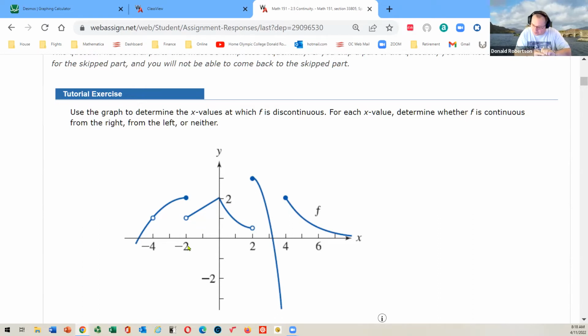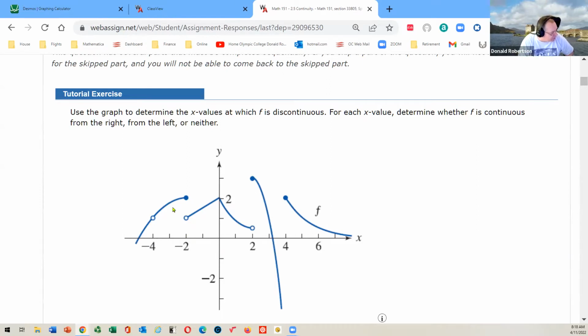So there's removable, there's a jump, and there's an infinite discontinuity. Those are the three most likely ones you're going to come across. Removable, which is x equals -4 as an example. A jump discontinuity, that makes sense, doesn't it? A little jump to get from one to the other. And there's an infinite discontinuity, like a vertical asymptote.